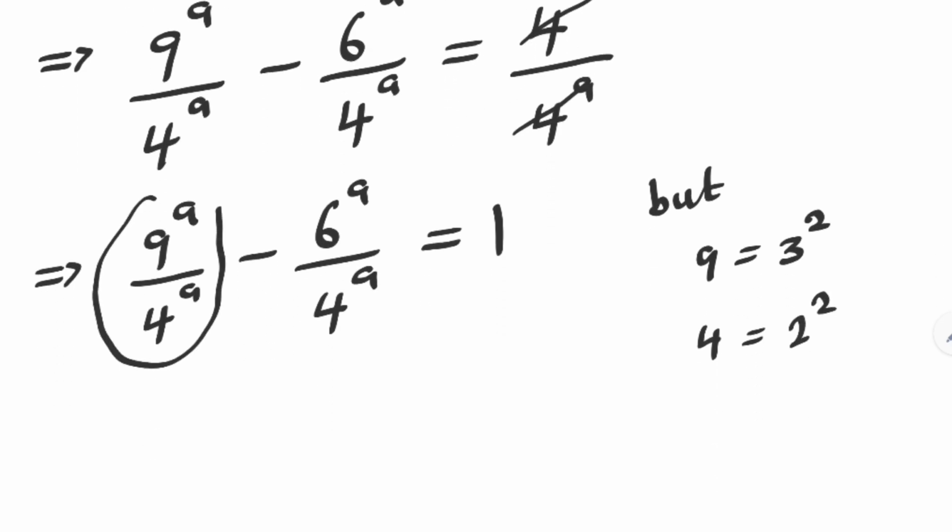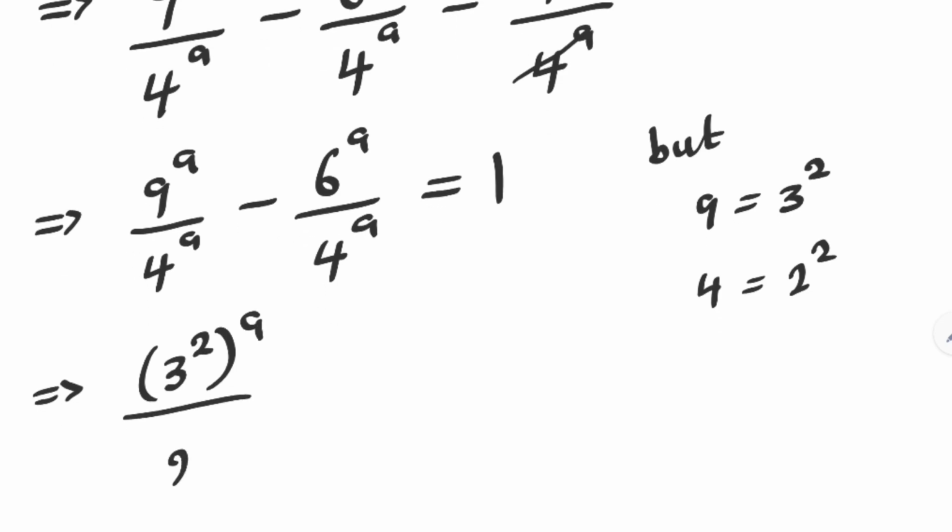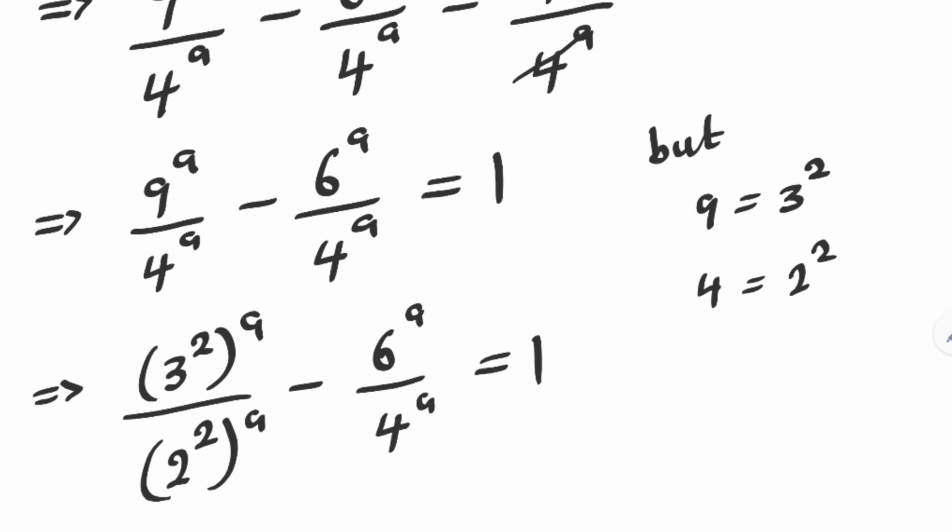Then this can be written as 3 squared raised to the power of A divided by 2 squared raised to the power of A minus 6 raised to power A divided by 4 raised to power A is equal to 1.